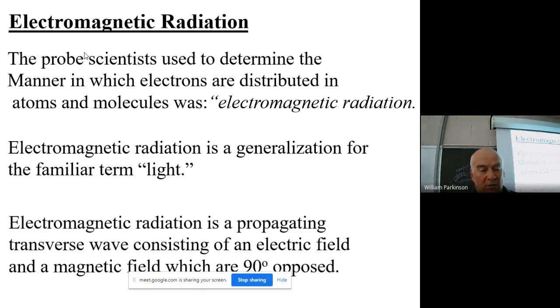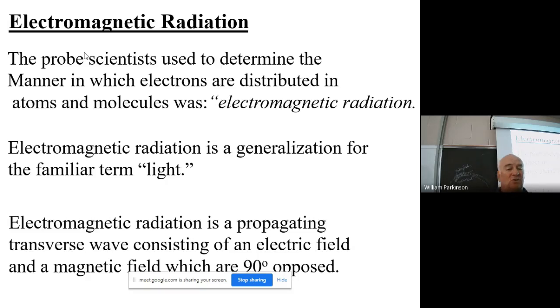Okay, now what is electromagnetic radiation, or what is light? Electromagnetic radiation, as it says here, is a propagating transverse wave consisting of an electric and magnetic field which are 90 degrees opposed. Okay, lots of big words here.